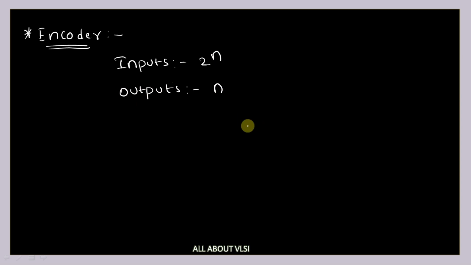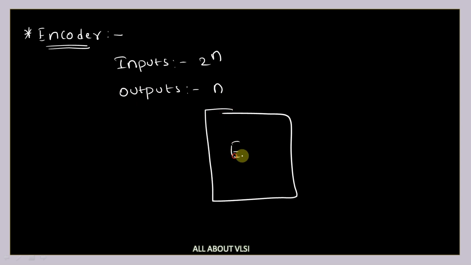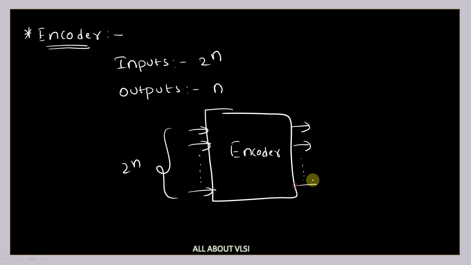So this is your encoder diagram, where it has 2 power n inputs and n number of outputs.